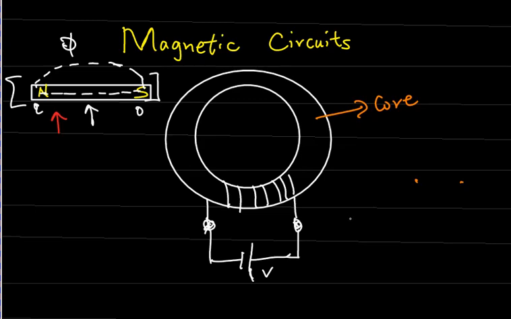Now as the current flows through the coil, you will notice that the flow of current through the coil actually establishes magnetic flux, and of course that magnetic flux follows this path.